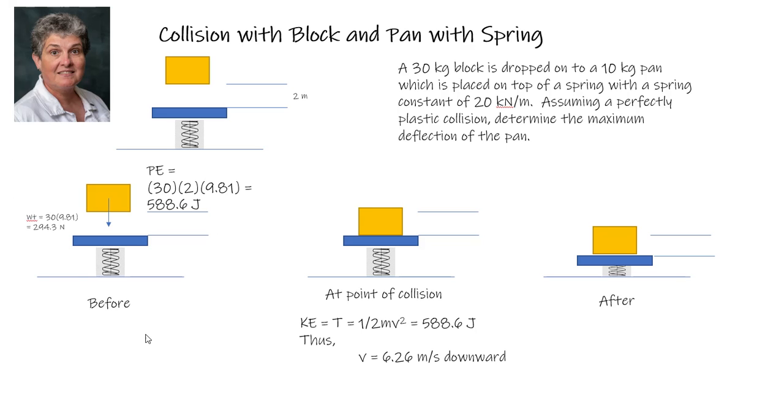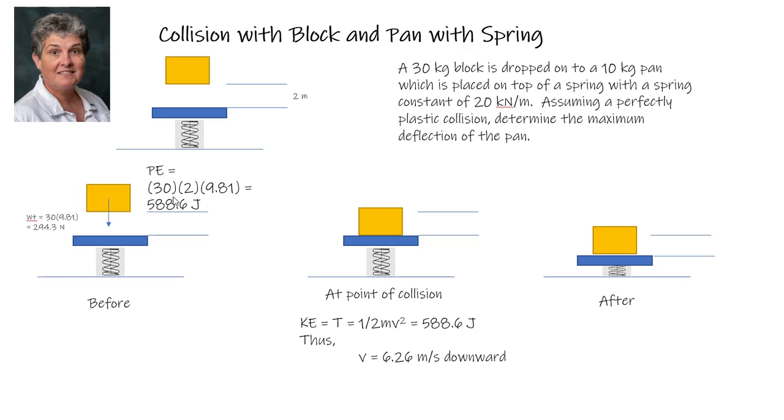So in our situation before, we're going to get a little bit of compression of the spring due to the pan, then we're going to drop the block on it. Now, at the point of the collision, we're going to have kinetic energy, which of course our book uses as T, and that's related to our potential energy.